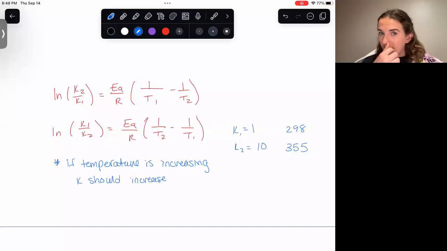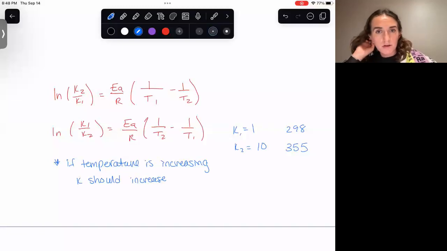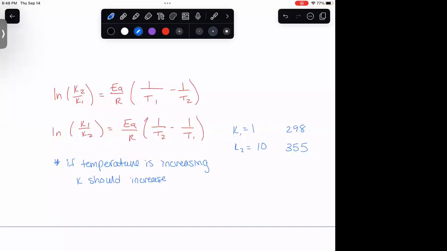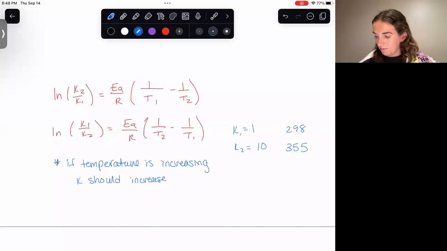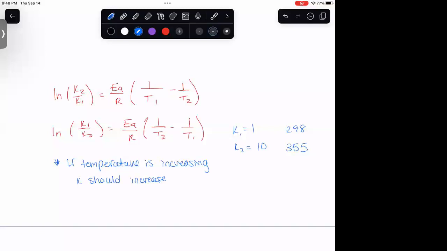I don't understand. What do you mean they have the values in different orders? Okay, so for Fatma's notes, her combined Arrhenius equation has natural log of K1 over K2 equals EA over R times 1 over T1 minus 1 over T2, instead of having it the other way.